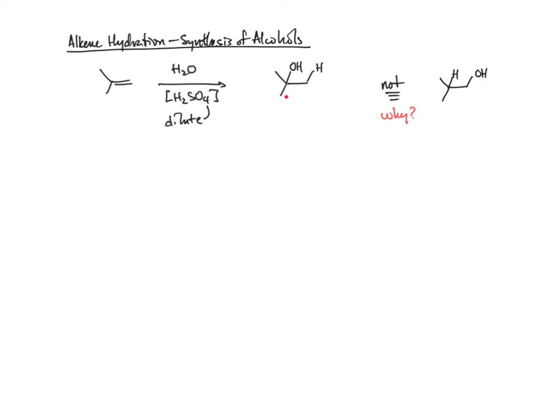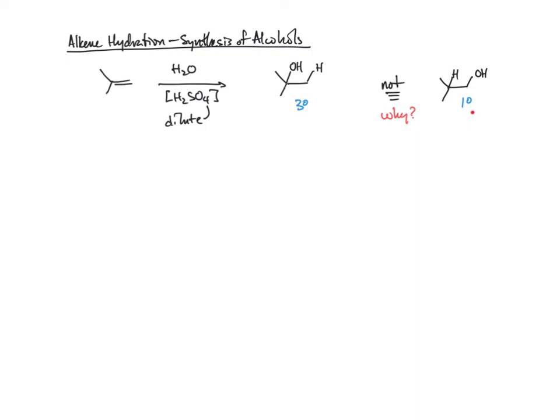What's the classification of this alcohol? So I've shown you the elements of water, that's the hydration, adding to the alkene. So this is tertiary. What about the other alcohol here? What's the classification of this alcohol? This is primary. Under these conditions, you only form the tertiary and not the primary.